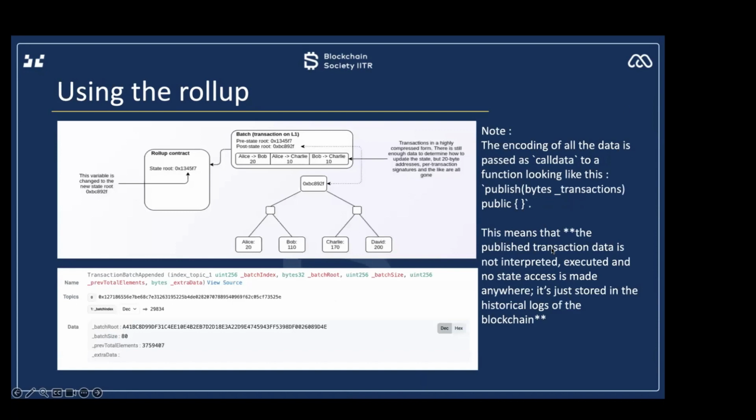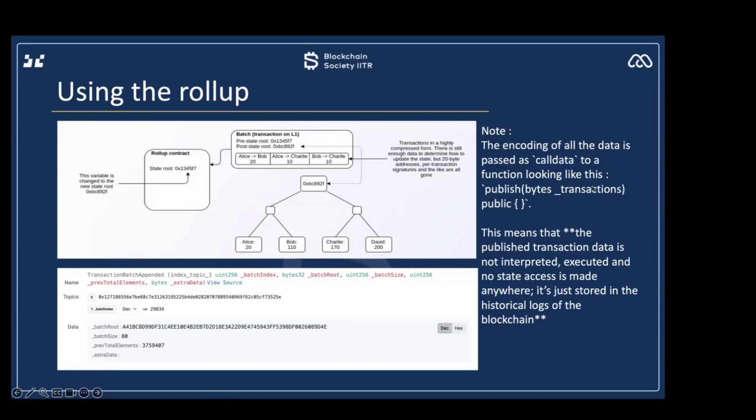This means that the published transaction data is not interpreted or executed, and no state access is made. It's just stored in the historical logs of the blockchain. If you have studied how events happen and how we are logging the events on the blockchain, we are making the same use here. There will be some function called publish.